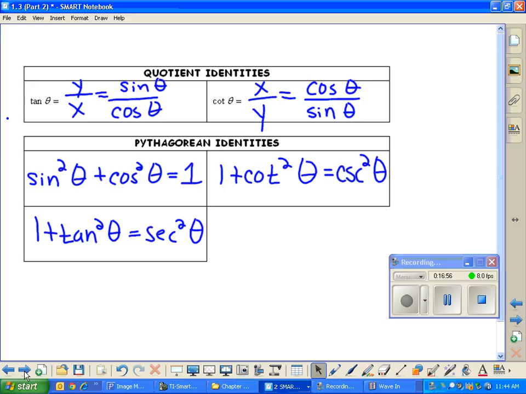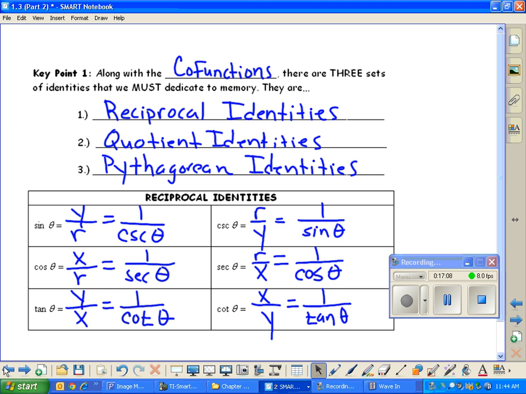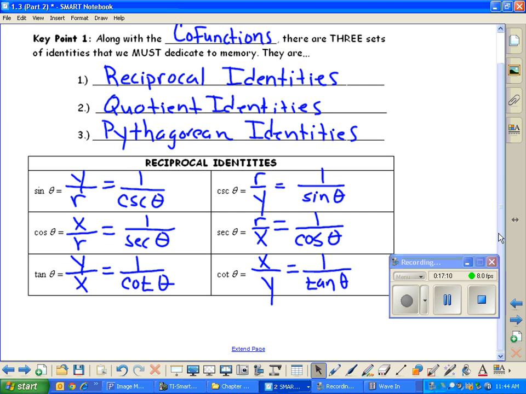Is cotangent equal to secant over cosecant?